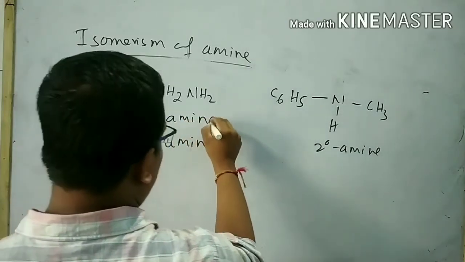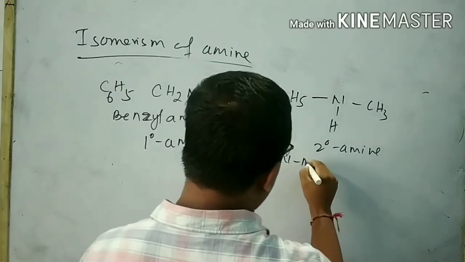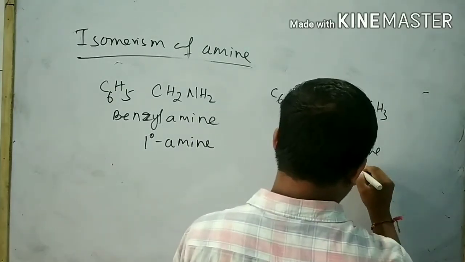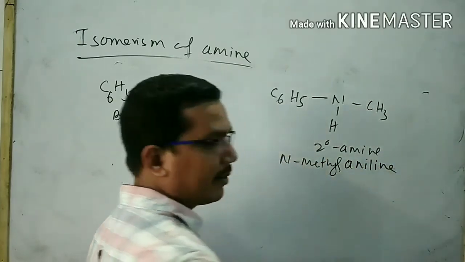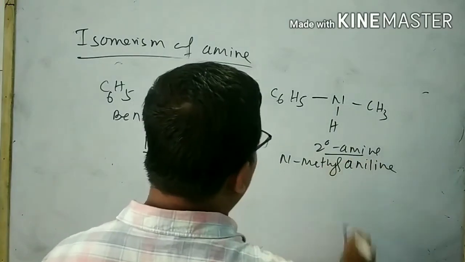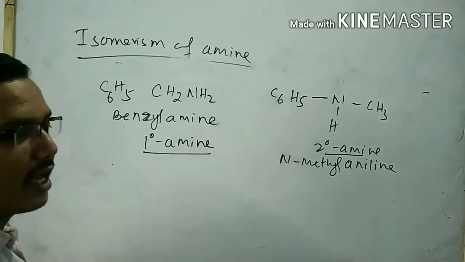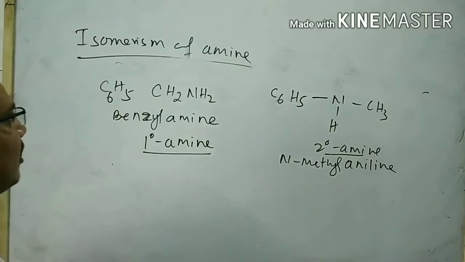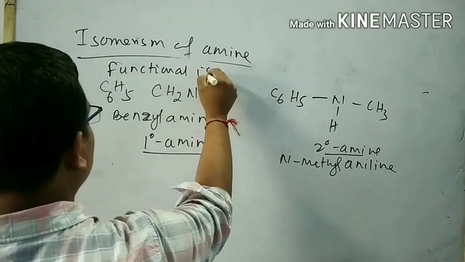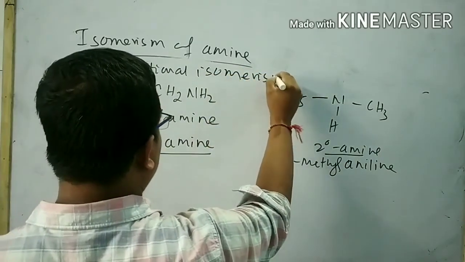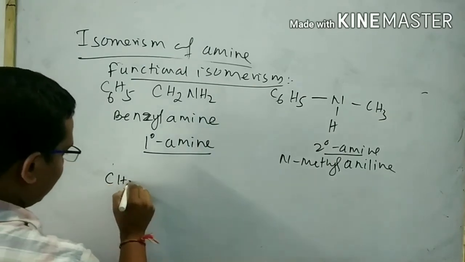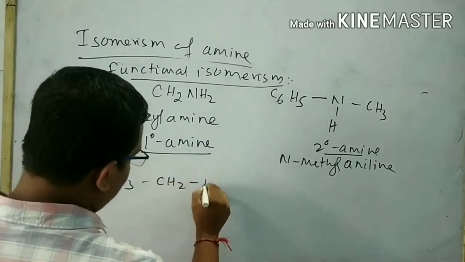The name of the second compound is N-methylaniline. Both compounds have the same formula, but one has a 1 degree amine and the other has a 2 degree amine, so they are considered functional isomers of each other.